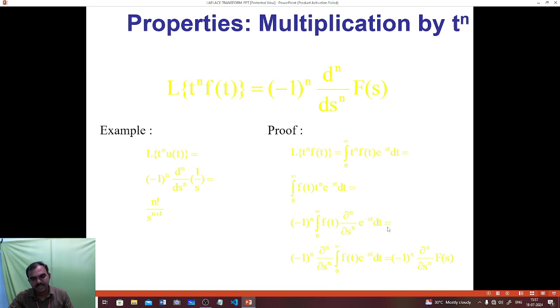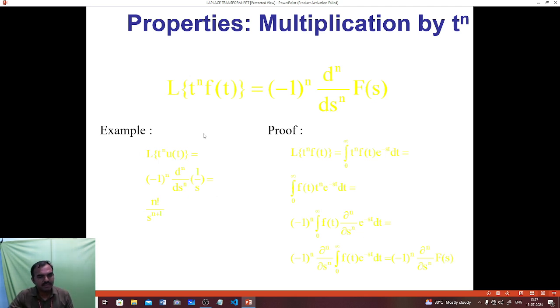So e power minus s t dt, then minus 1 power n dou power n by dou s power n of the integral from 0 to infinity of f of t e power minus s t dt equals minus 1 power n dou power n by dou s power n of F of s. So this is the formula of the Laplace transform, that is our L of s or F of s.